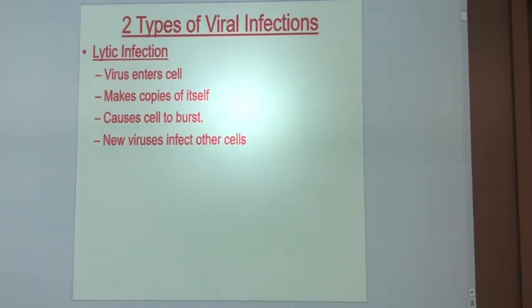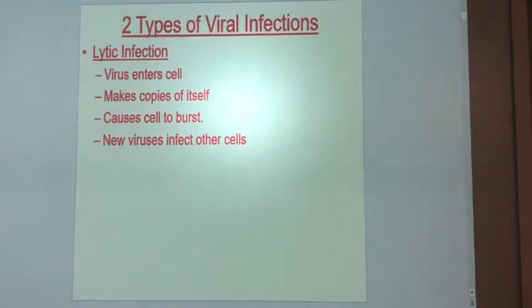One virus infects a cell, takes over the cell, utilizes cellular machinery to produce more progeny viruses. That cell then dies. And by the way, this is why you're getting sick when you have a viral infection. The parasitic virus causes cell death.